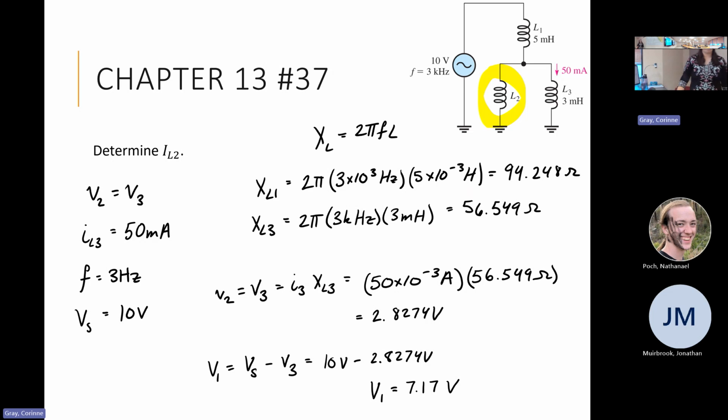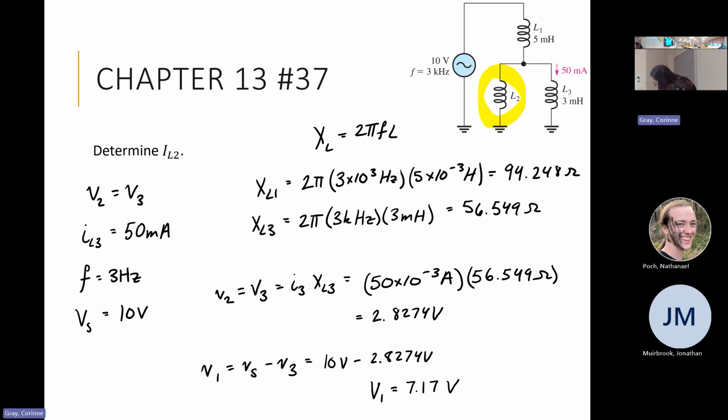I got very lazy working on this question, if we haven't noticed. So technically, all my V's should be lowercase v's, but they look essentially the same. I'm tracking them with subscripts. I don't care if you use lowercase or uppercase v for instantaneous voltage, as long as you are consistent throughout the problem. Because I preach consistency, I should probably do that a little bit.